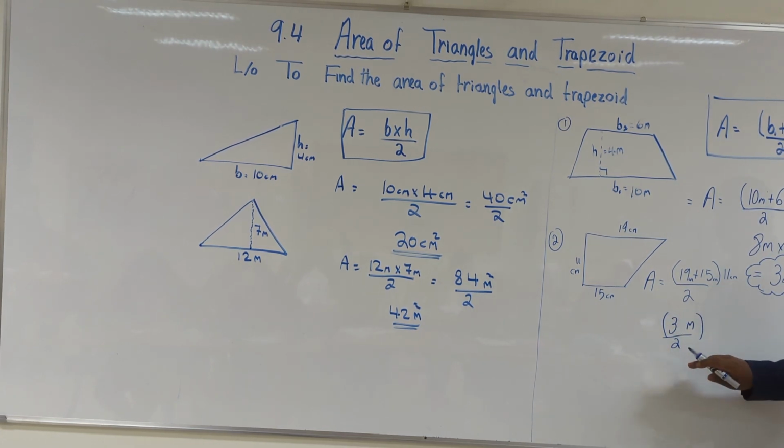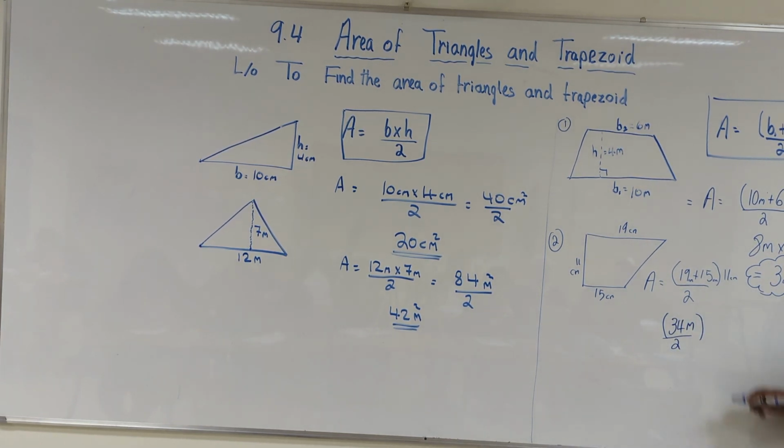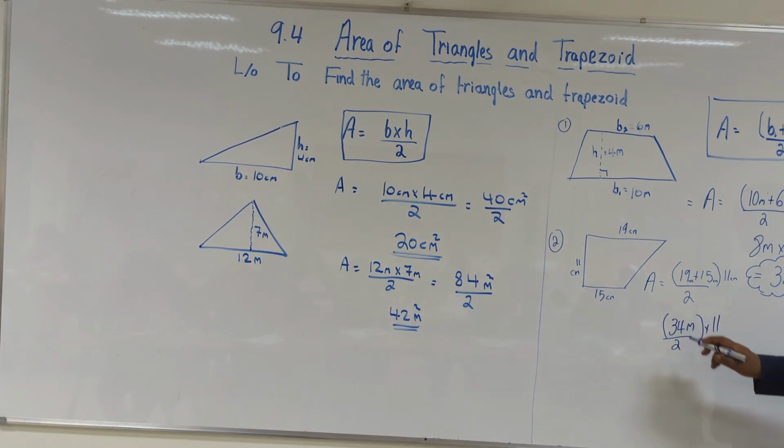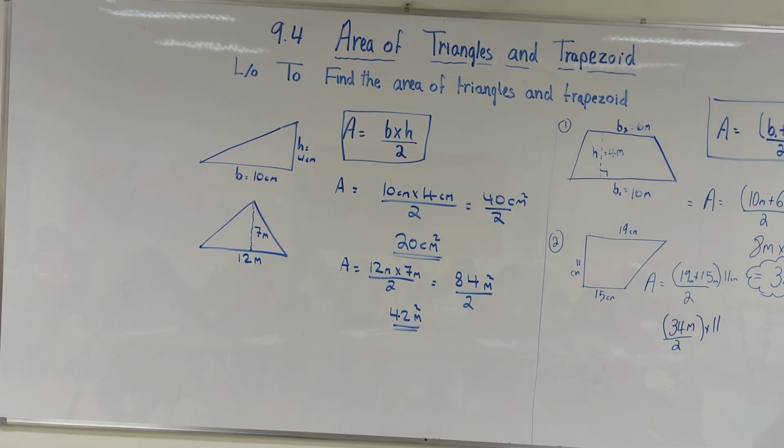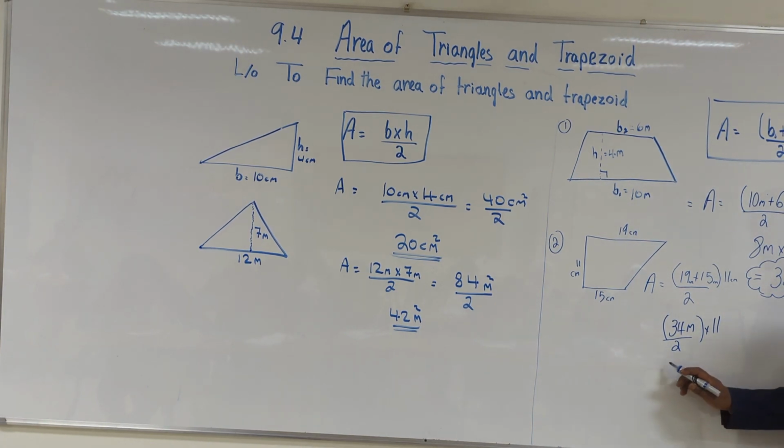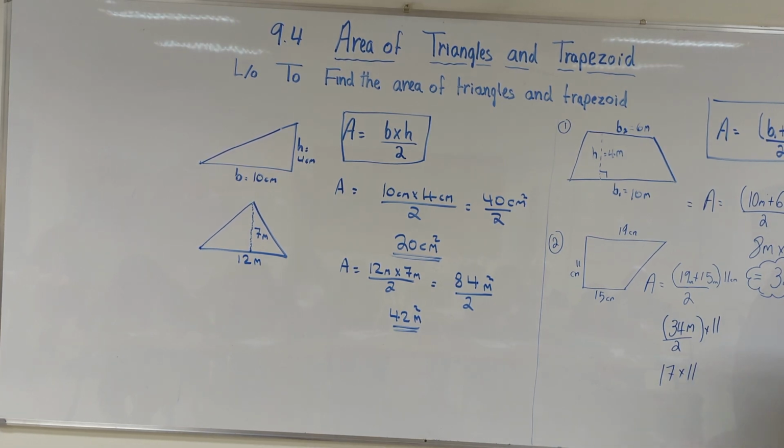Yes. So 34 divided by 2 times 11. So what is 34 divided by 2? I said 17, right? 17. So that will be 17 times what? 11. 171. So that will give us 171.